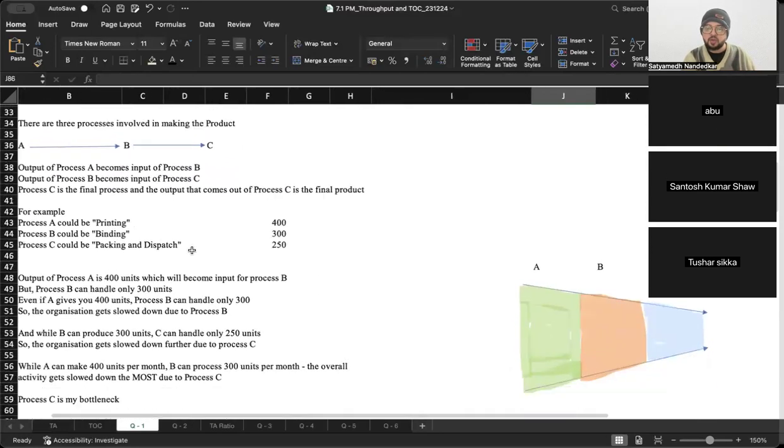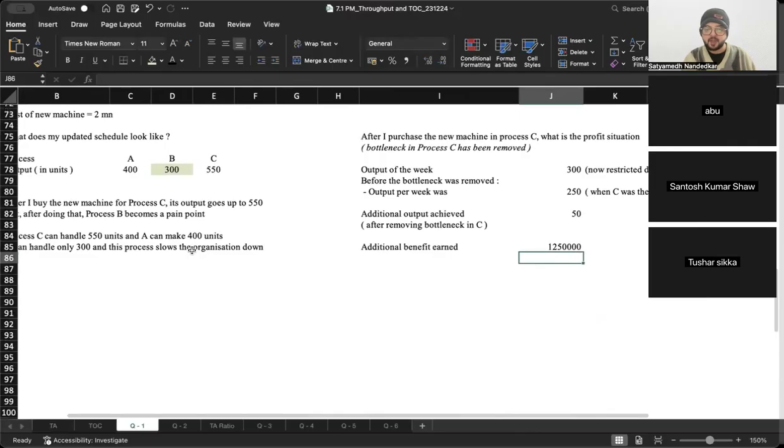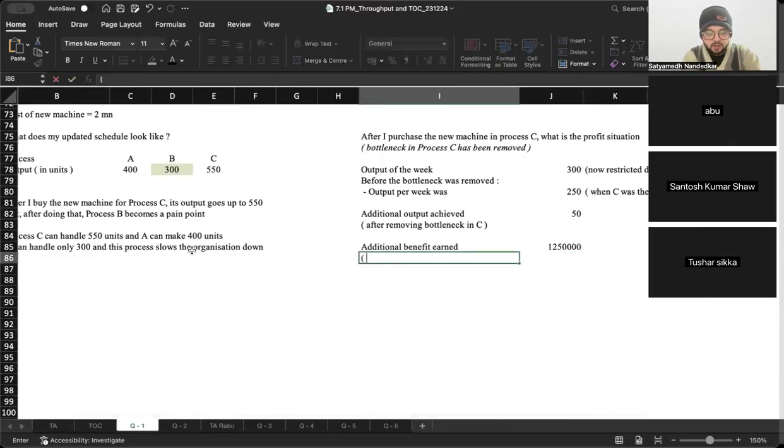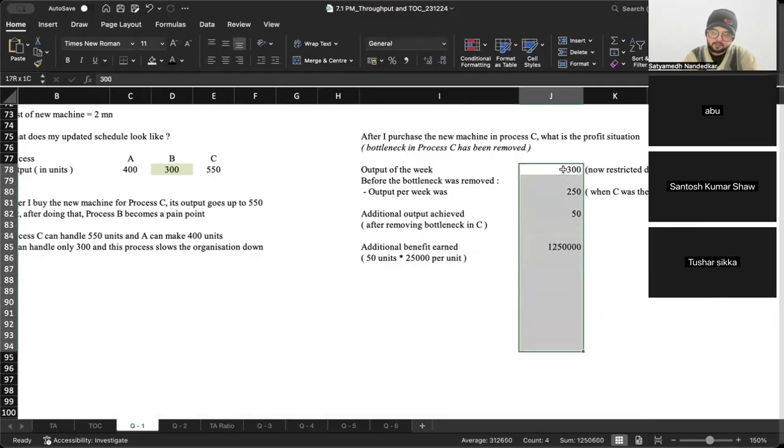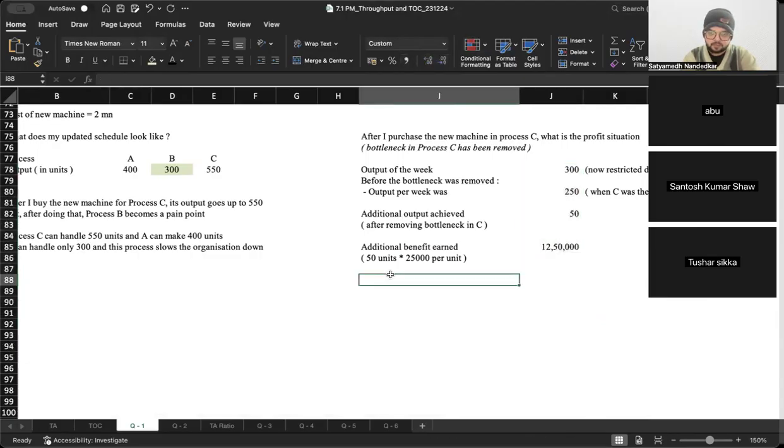Okay. So 50 units into 25,000 per unit. 12 lakh 50,000. This is the additional benefit.